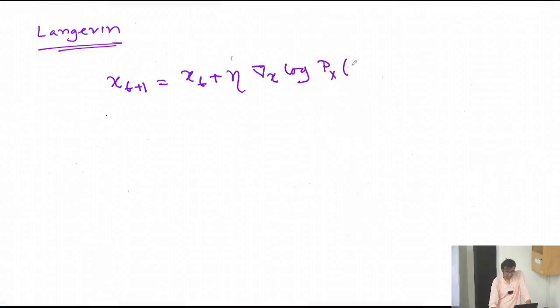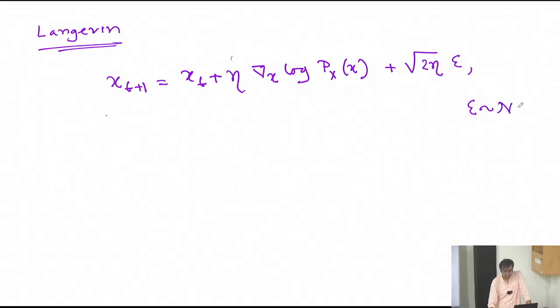Langevin: x_{t+1} is equal to x_t plus eta times grad of x of log of p(x), plus square root of 2 eta epsilon, where epsilon is from Gaussian 0 comma 1.